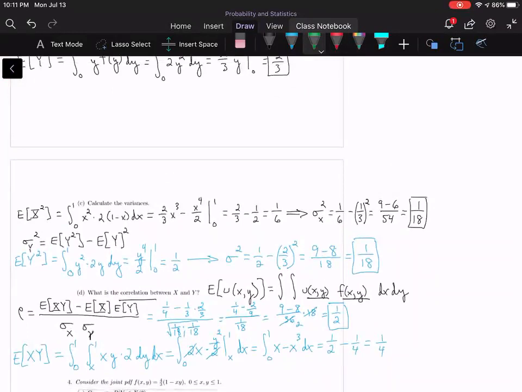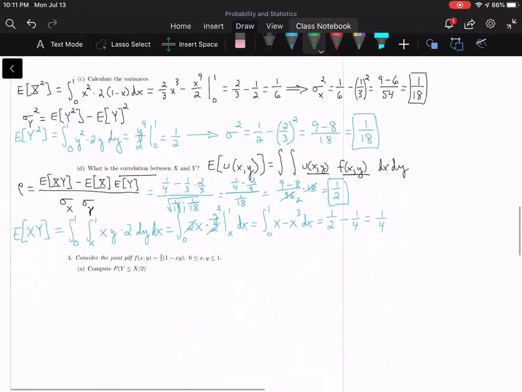So in part D, we are trying to find the correlation, which means we need to find all the pieces for this formula I have written on the left side of D, which is the expected value of xy, which we haven't found yet, minus the expected value of x times the expected value of y, which is the product of the means, which we got in part B, divided by the standard deviations of x and y, which are the square roots of what we just got in part C. So we have most of it except for E of xy.